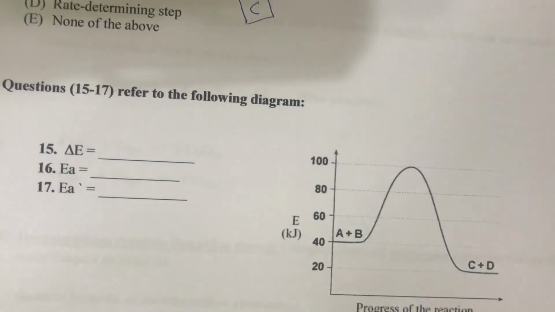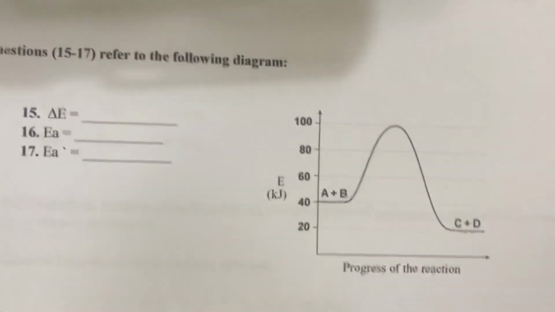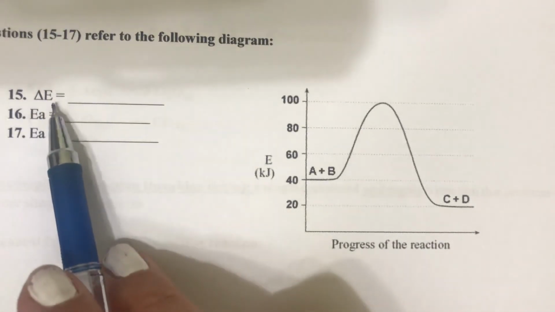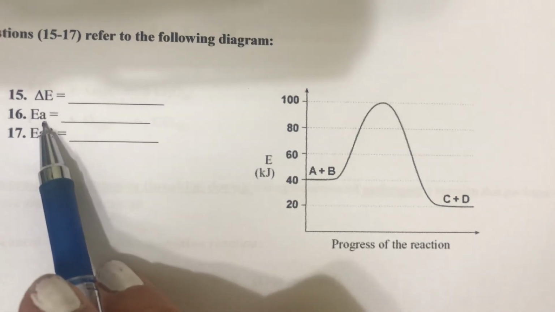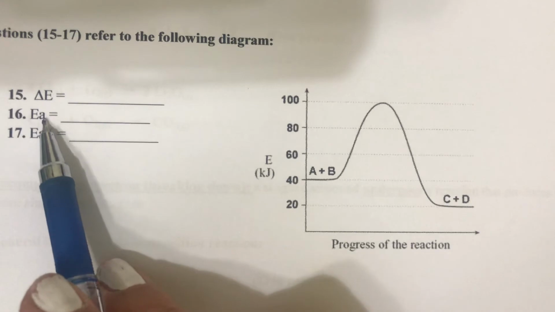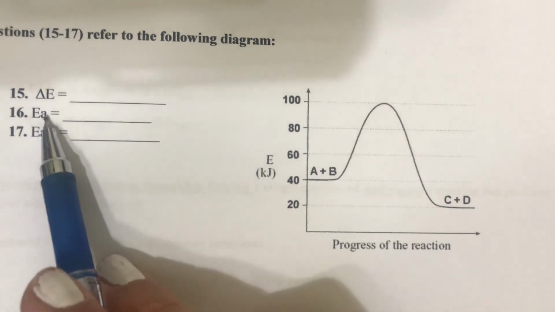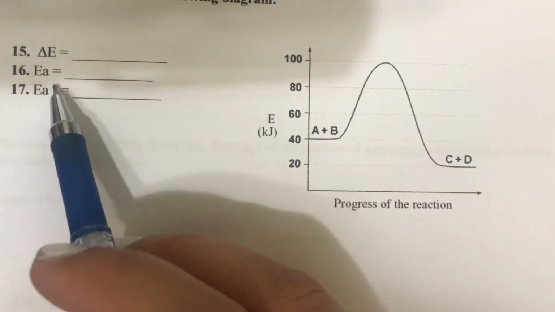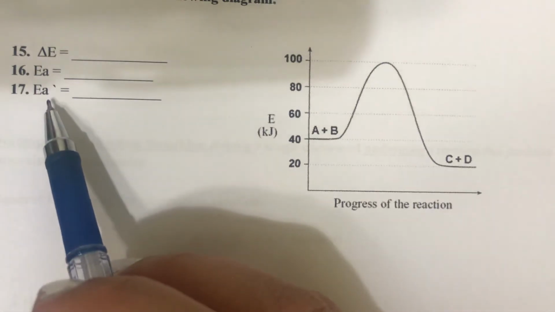Now questions 15 to 17 refer to the following diagram. You have to find delta E, the energy difference between reactants and products; EA, which means activation energy, the energy difference between reactants and activated complex; and EA dash, which means the activation energy for the backward reaction.